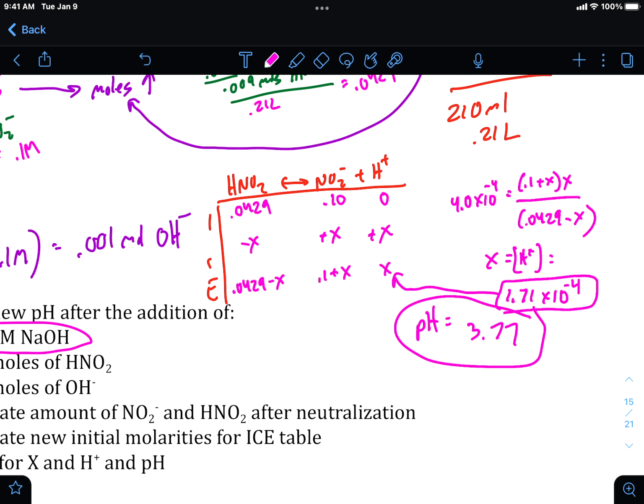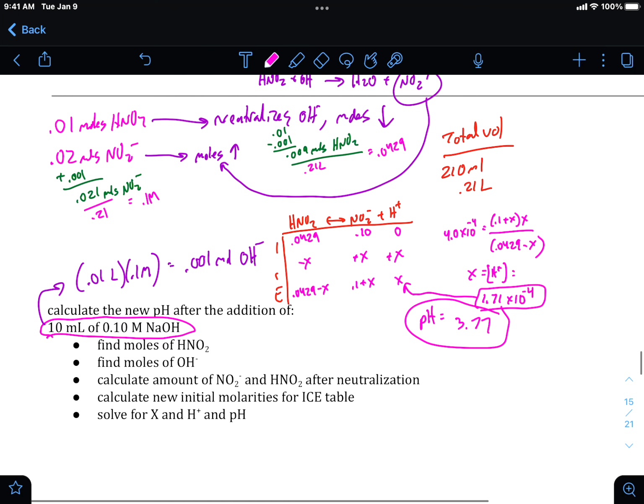This is how we solve buffer problems. There's equilibrium involved, right? There's some adjustments to the moles that you need to make with the understanding that strong acids and strong bases, you have to use it all up. And then whatever's left, you recalculate the concentration and plug it into an ICE table. And that is how you find the pH.